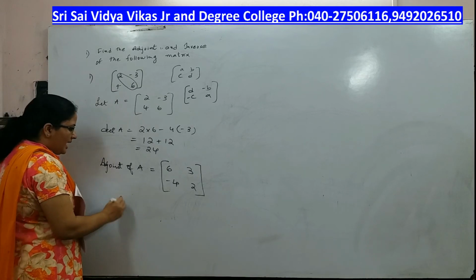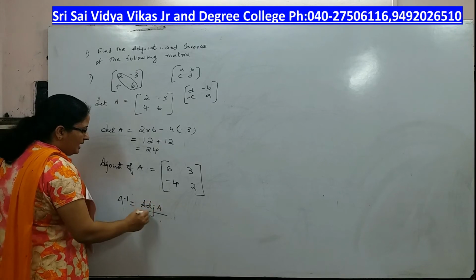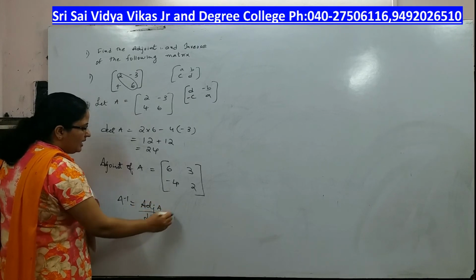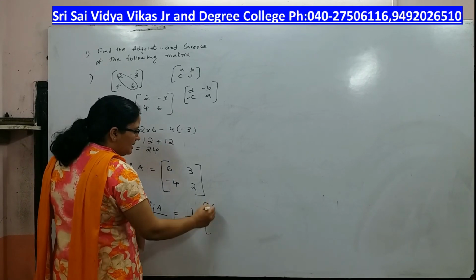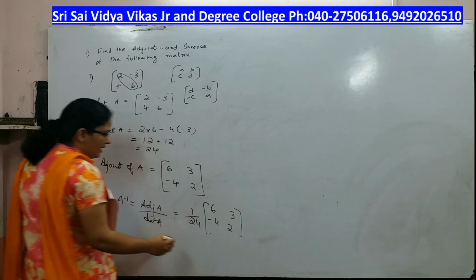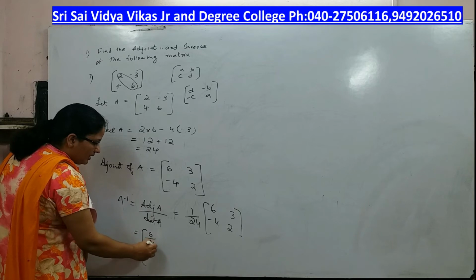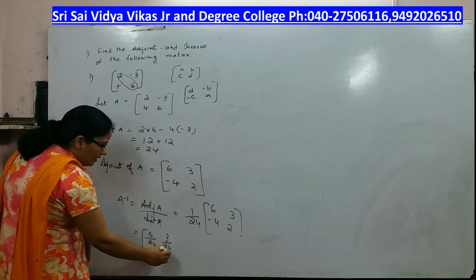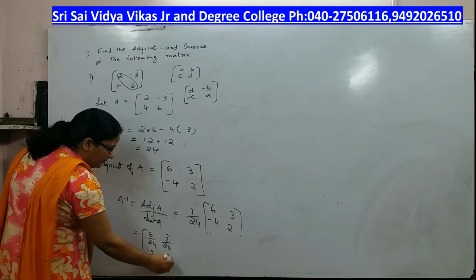Now A inverse is equal to adjoint A by det A, that is equal to 1 by 24 into the matrix 6, 3, minus 4, 2. Take 24 inside, what do you get? 6 by 24, 3 by 24, minus 4 by 24, 2 by 24.